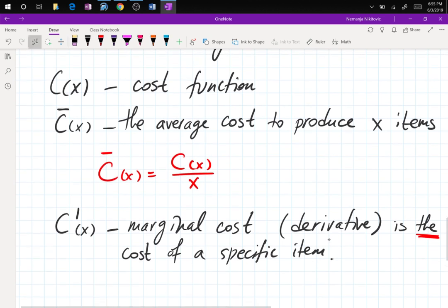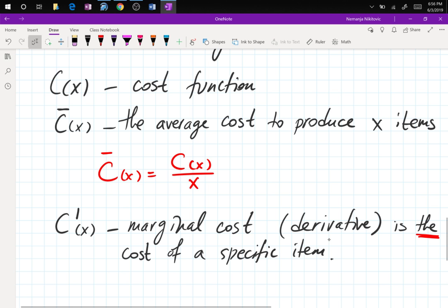So I want to know what is the cost for me to produce the 100th marker. And how about the 1,000th marker, 10,000th marker? If the business is set up properly, if the cost function and everything, right? What we are going to see is that if I produce 10 of these markers, it's going to be insanely expensive.